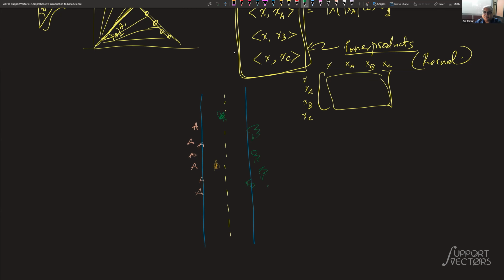You could say, my margins are now, let me use a different color. My margins are now this and this, right? And this yellow house sitting on top of this margin, isn't it?